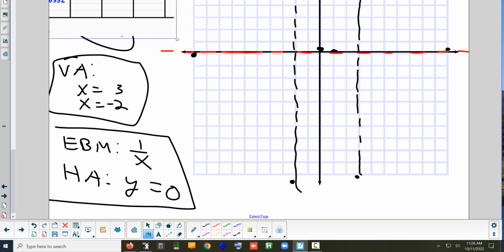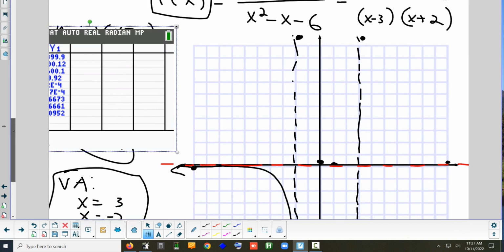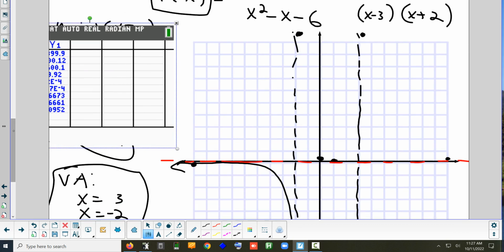So let's start in this lower left section. Anybody have an idea what that lower left part is going to look like? It's going to go to the right, then it's going to just drop off completely. So it's going to stay very close to the asymptote, but then all of a sudden you can't keep going right because it runs into another asymptote. So that's what's happening in the lower left. How about the upper right part?